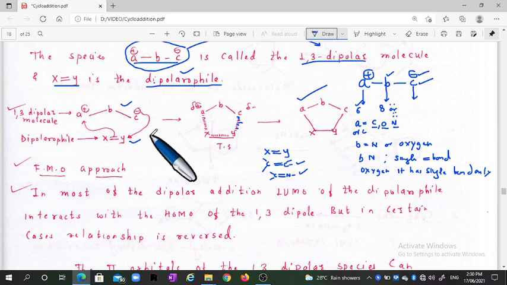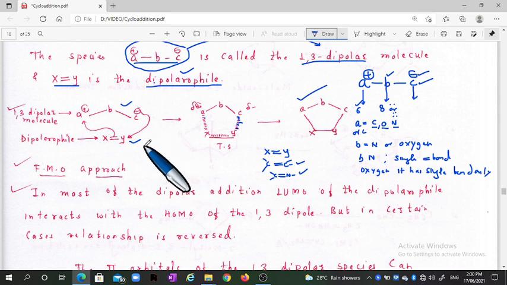As in Diels-Alder reaction, we have studied that endo product is formed. This is due to the secondary interaction. This secondary interaction we have shown in the previous lecture, and in the FMO approach we can show such type of secondary interaction while studying the 2 plus 4 cycloaddition reaction.